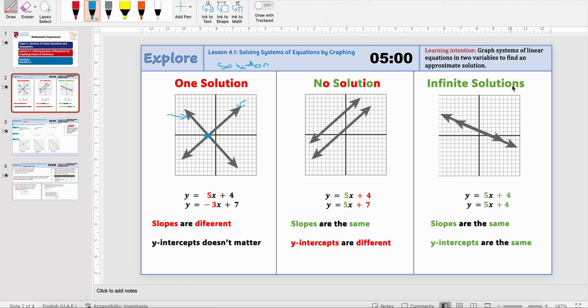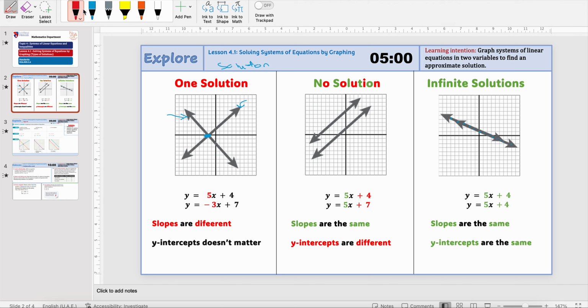And infinite solutions is when you have two lines or two equations located at the exact same place. They are overlapping lines, therefore they have many intersection points, as you can see, all of these. So it's infinite solutions.